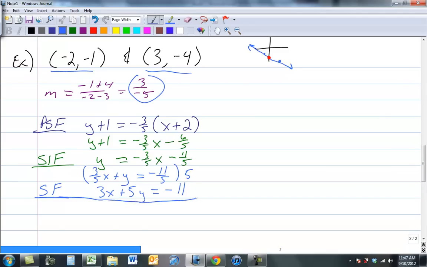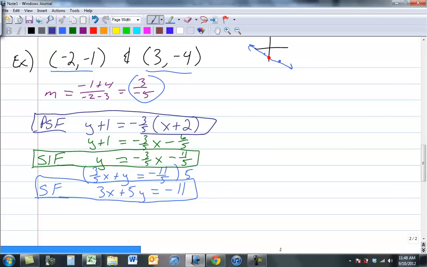So, standard form, 3x plus 5y equals -11. Here's our slope-intercept form. And here is our point-slope form. So check this out. We did all 3 forms in 5 lines. All right, so even if I ask for all 3, it's not that big.